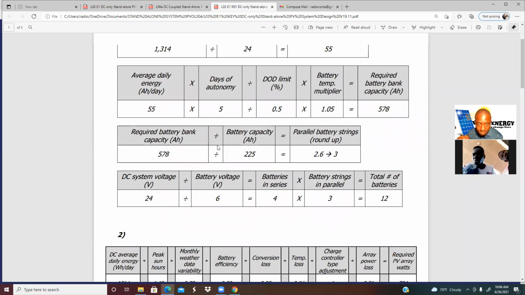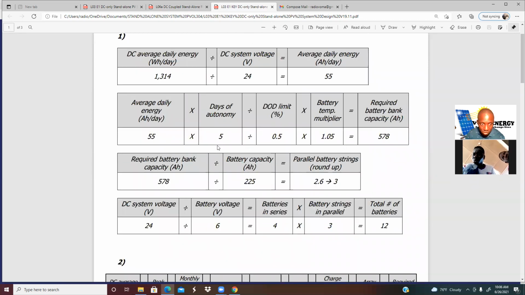I'm going to use the same system. Your average daily energy watts hour is 55 times the days of autonomy 5 days divided by your depth of discharge 0.5 multiplied by the battery temperature multiplier of 1.05 gave you the required battery bank capacity of 578.